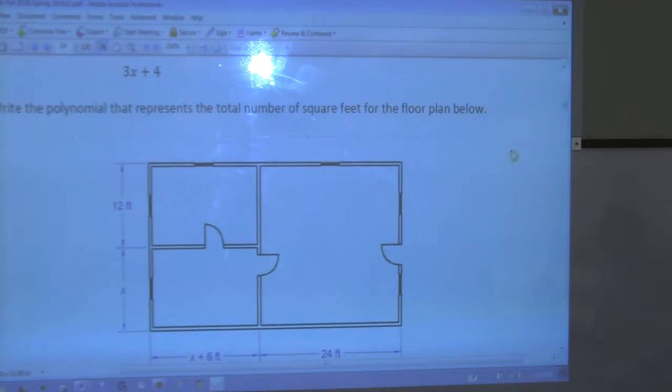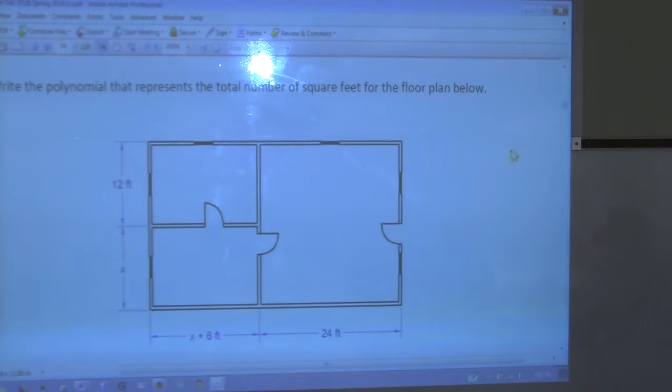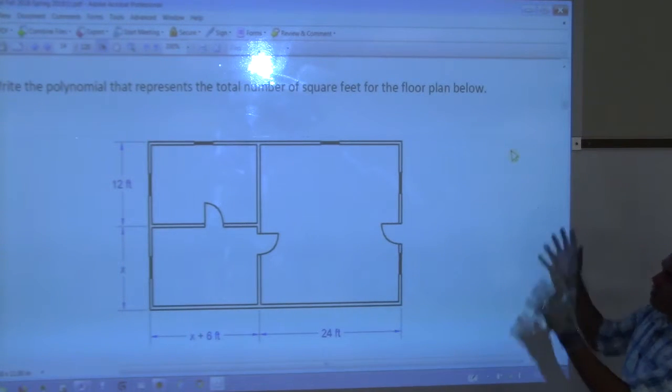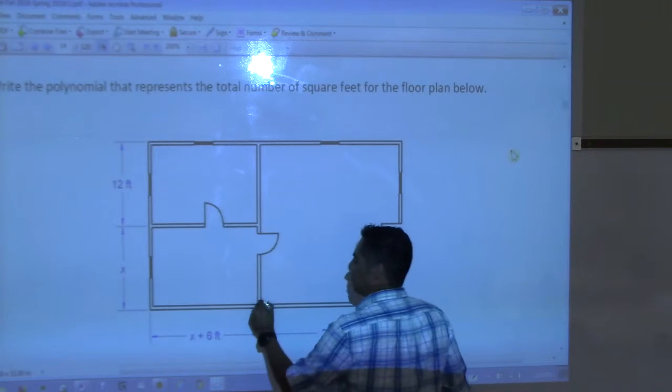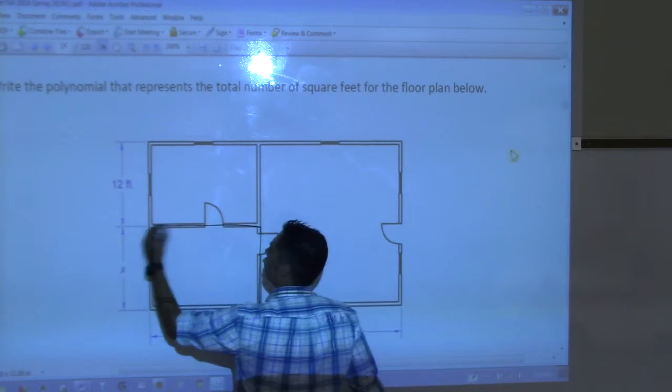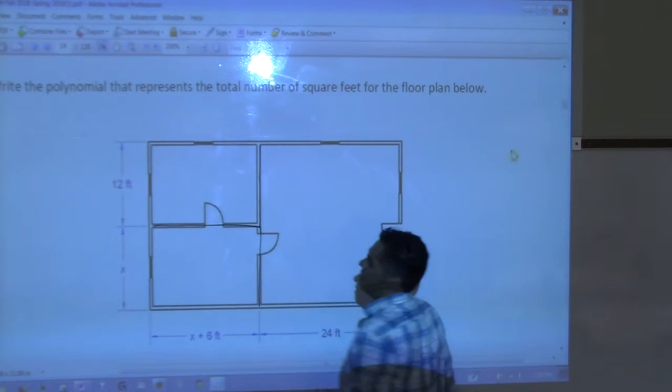Okay, this one says write the polynomial that represents the total number of square feet for the floor plan below. So this is like an apartment or a little building or something. And they want you to come up with the total area, a polynomial that represents the total area of this thing. So what I would do here is break this up into 3 different rectangles.